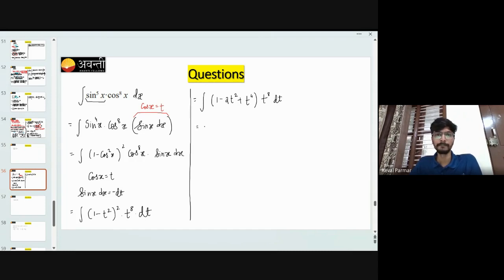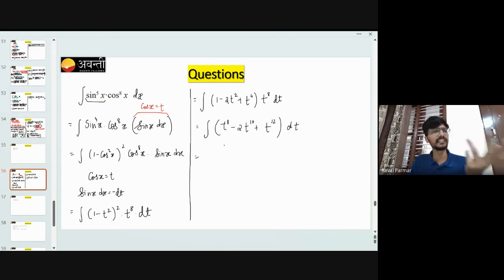What will I get? I'll multiply t raised to 8 here. So I'll get t raised to 8 minus 2t raised to 10 plus, indices, what happens to the power in indices? Add. So t raised to 12 dt.